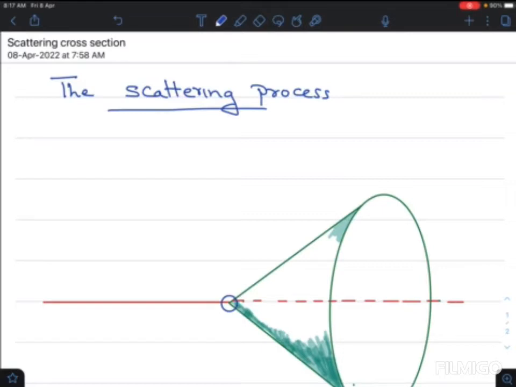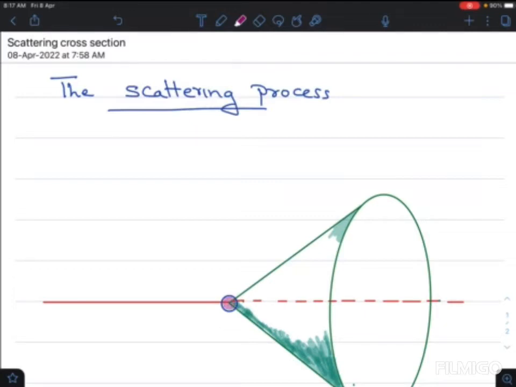The theory of scattering is developed against this background, or this general picture of the scattering process. So here we have to choose a coordinate system. And here what we do is, we fix the origin at the target.